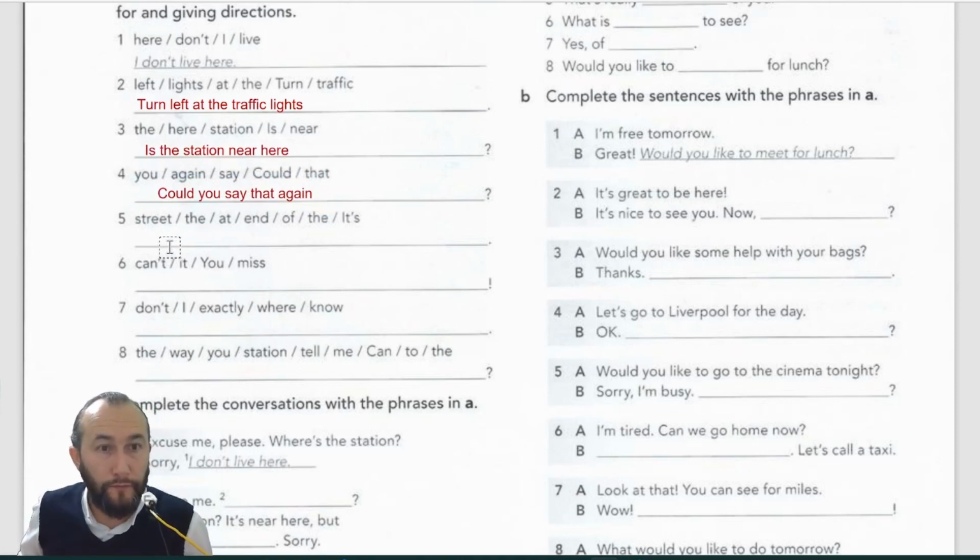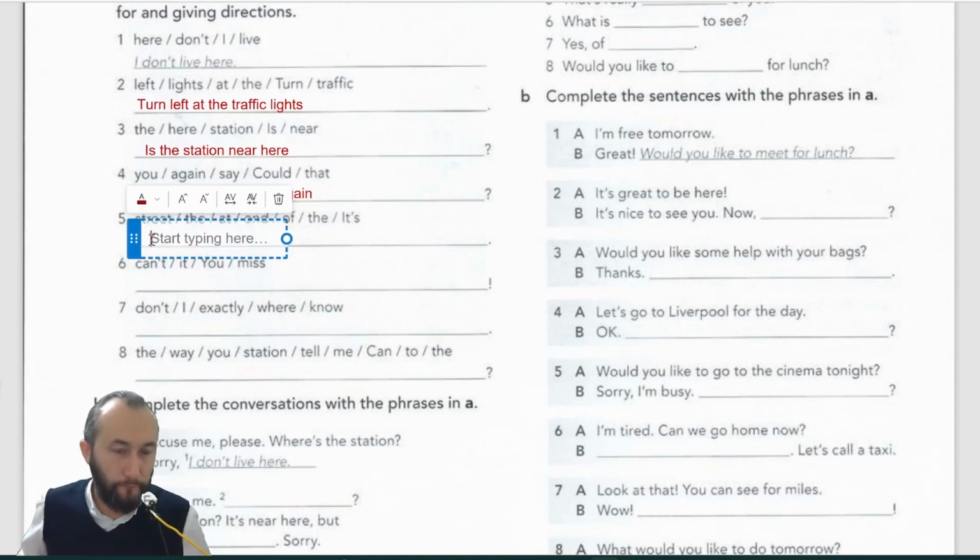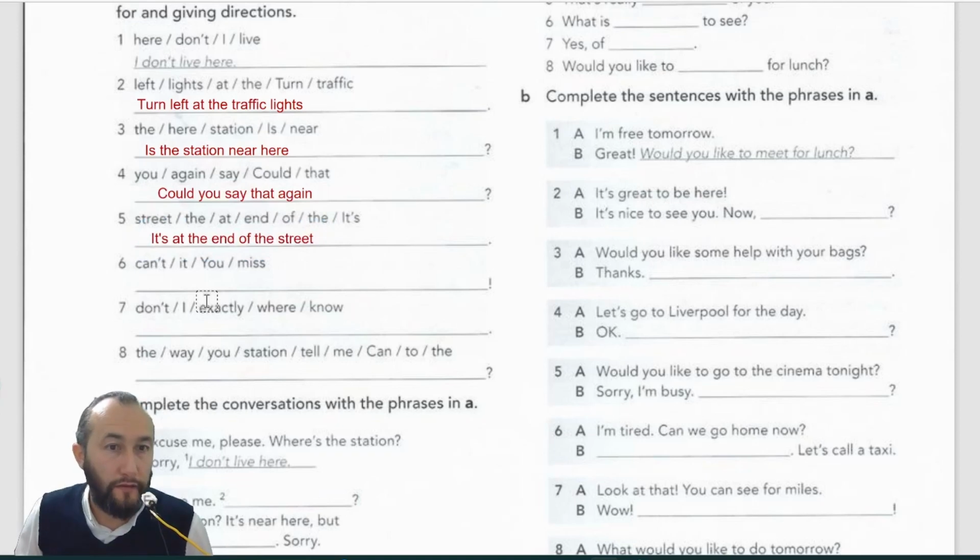Right. Number 5, street, the at end of the it's. So that's a statement. So we're going to start with it's at the end of the street. It's at the end of the street. That's it.